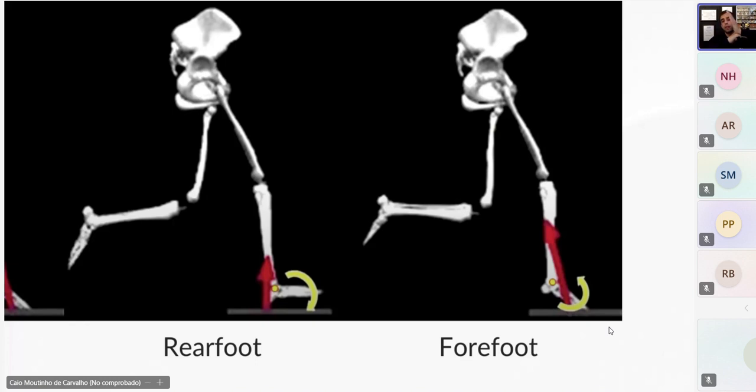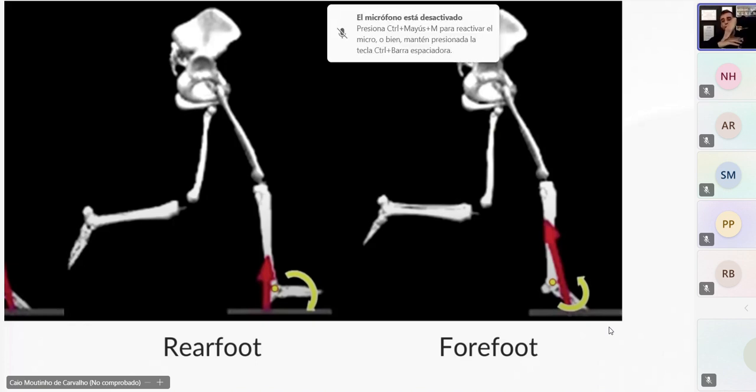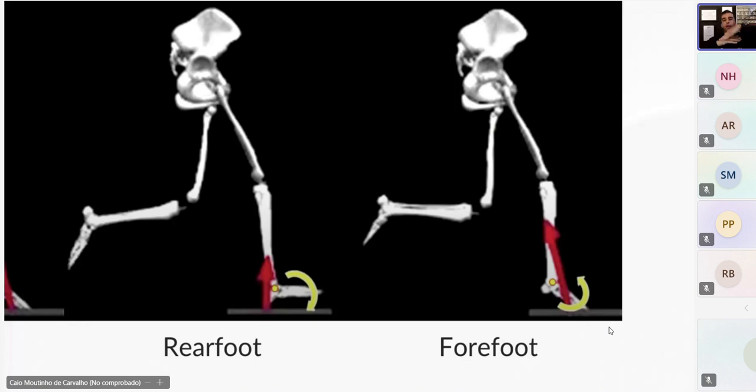The same way, if we're landing on the forefoot, on your toes, your natural movement would be to go down here and put your heels on. So that would be a dorsiflexion. Your natural movement changes completely.